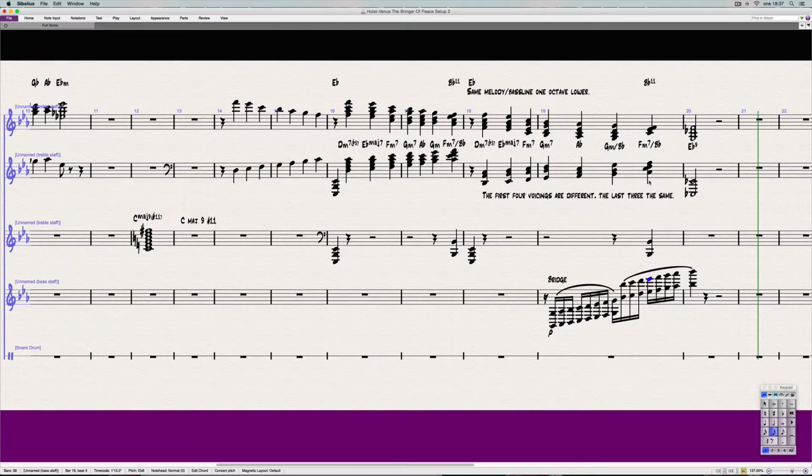and here we have E flat, which is the flat 7 of the F minor 7 chord, or the 11th of the B flat 11, and it leads into the 5th of E flat 9.